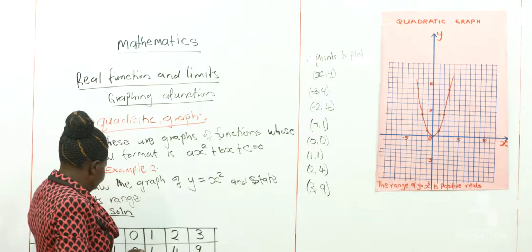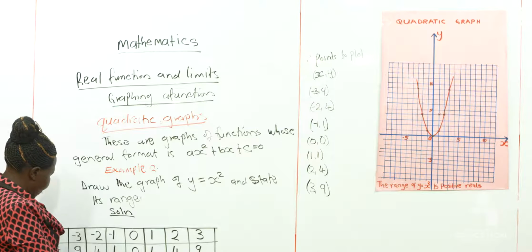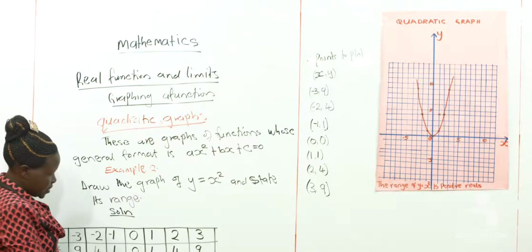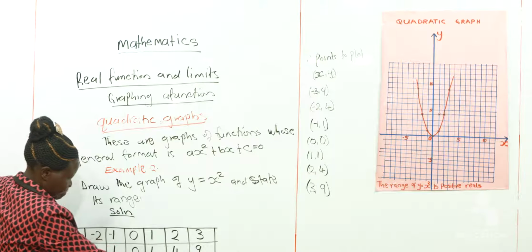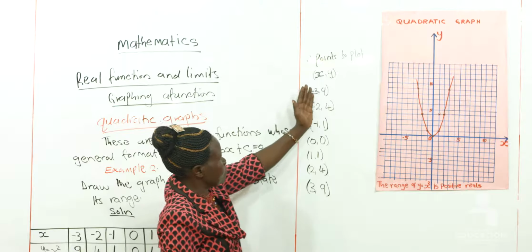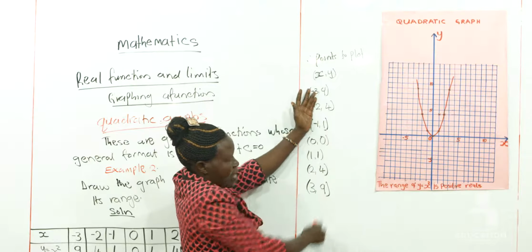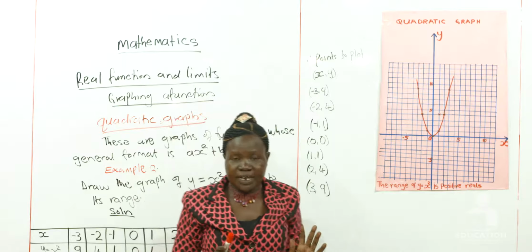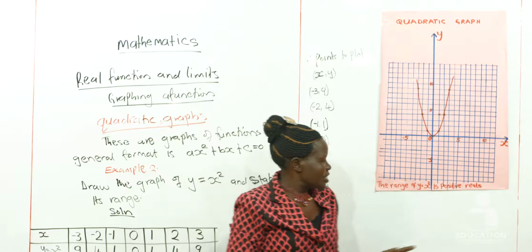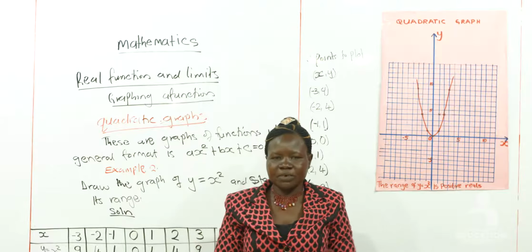So you will find that when you look at y equals x square, from this point up to point 9 here, I just want you to look at the points of y. All the points of y are positive. That means the range, we simply say the range is positive real.